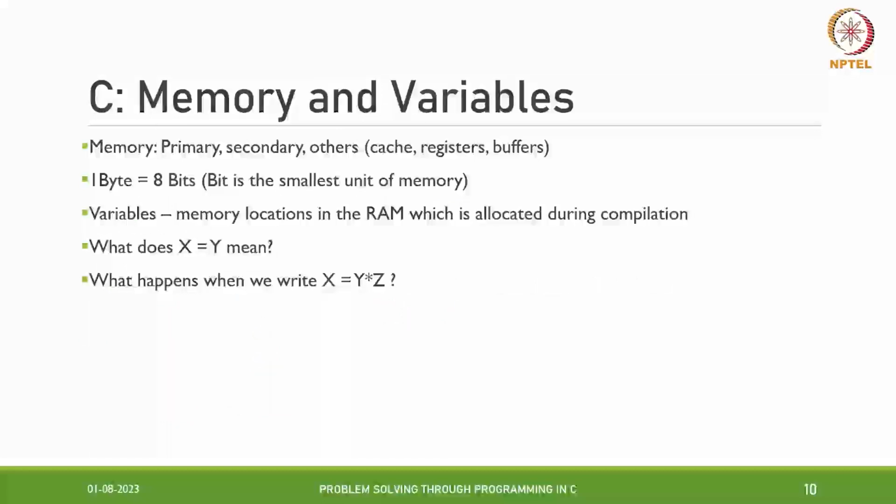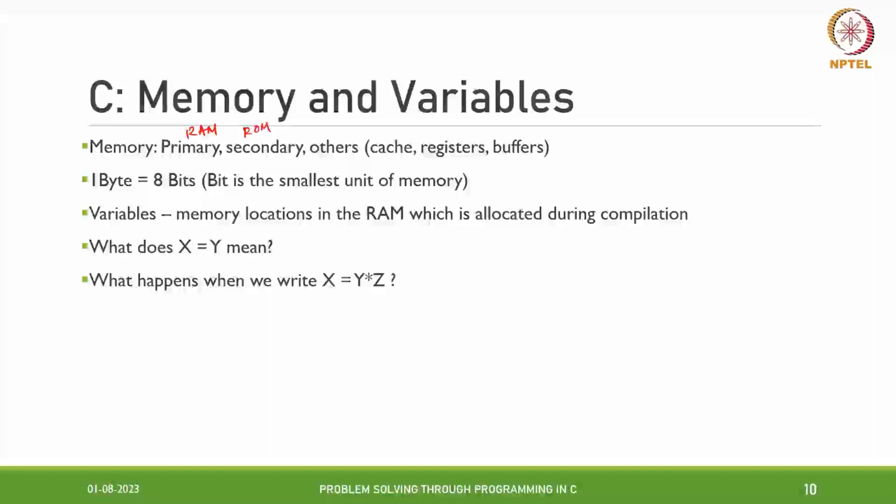Alright, so the next thing is about memory and about variables. As we saw in one of the previous diagrams, we are talking about the primary memory, and I said that the RAM comes under the primary memory. Similarly, there is the secondary memory.